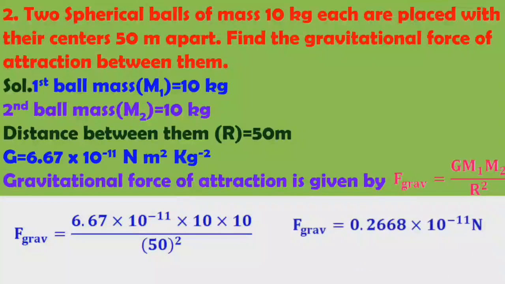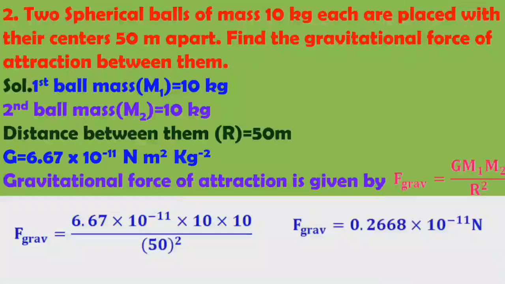The zeros from 10 and the zeros from 50 square will cancel. In the denominator, 5 into 5 is 25. So 6.67 into 10 power minus 11 by 25.